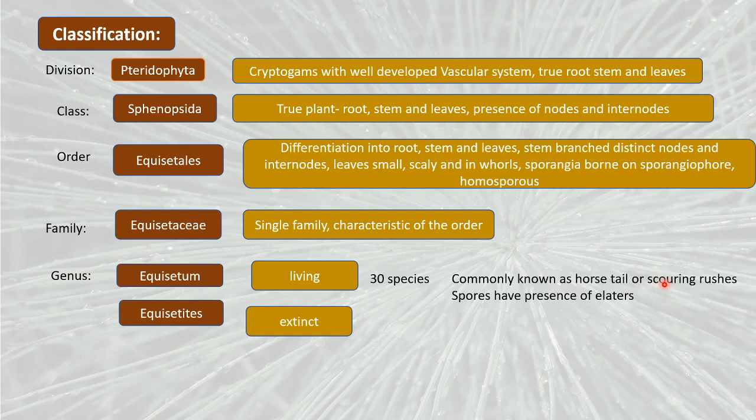You know what is sandpaper? Sandpaper is the paper with which we rub something to make it smooth, to make it polished, right? So this stem of Equisetum, because of the deposition of silica, becomes rough, and therefore it acts like sandpaper. In olden times, these were used as sandpaper for polishing surfaces, right?